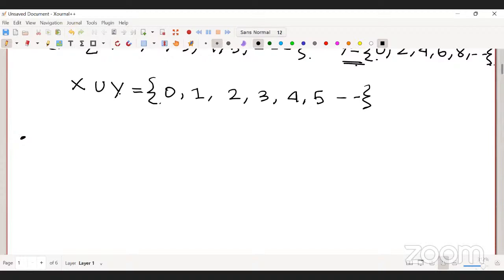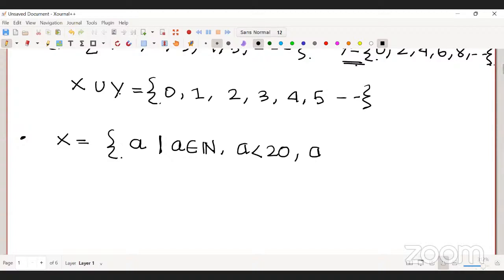Now let's take this set X. X is all the elements A such that A is a natural number and A is less than 20. And at the same time A is congruent to 0 mod 5.